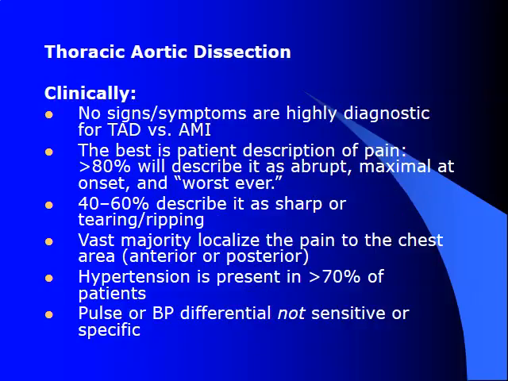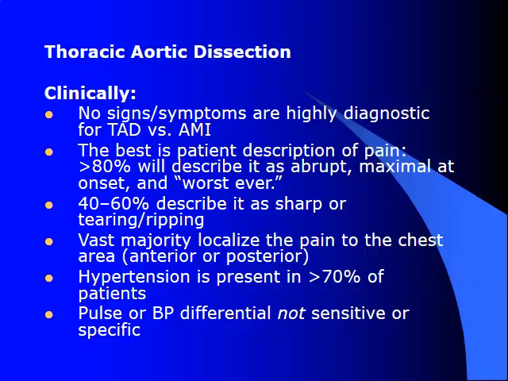Clinically, there's really no highly diagnostic signs to determine between thoracic aortic dissection and AMI. Usually the description of pain is abrupt. It's maximal at onset, and it's going to be the worst they've ever had. 40 to 60% of these patients are going to describe it as a sharp or tearing pain, and a lot of them will localize the pain to the chest, and it's going to radiate to the back.